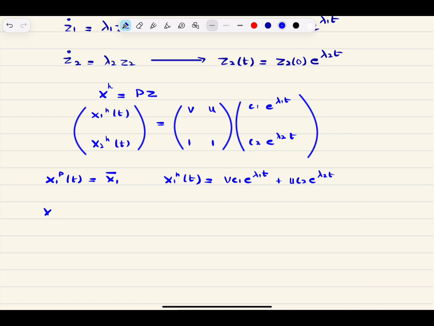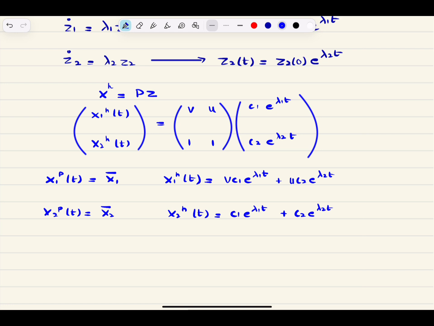And for the second, x2, the particular solution was x2 bar, and now we can see the homogeneous solution is c1 e to the lambda 1 t plus c2 e to the lambda 2 t.